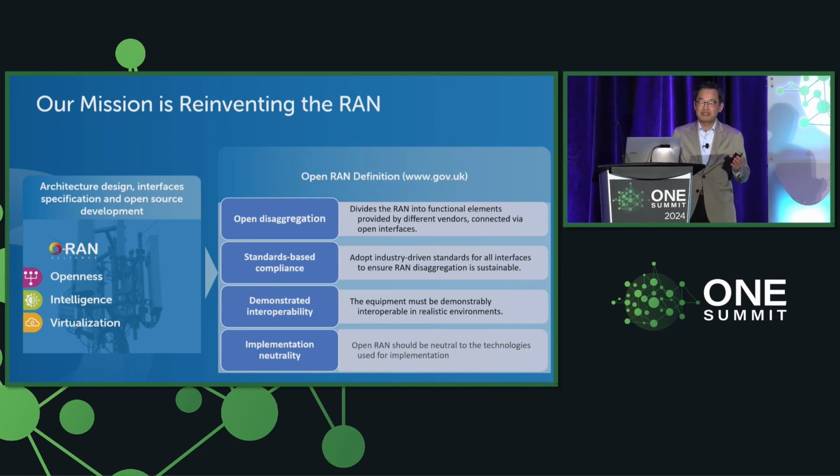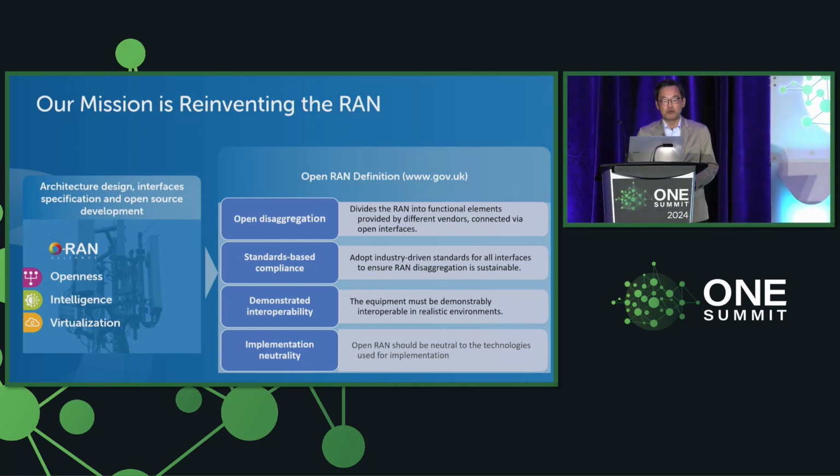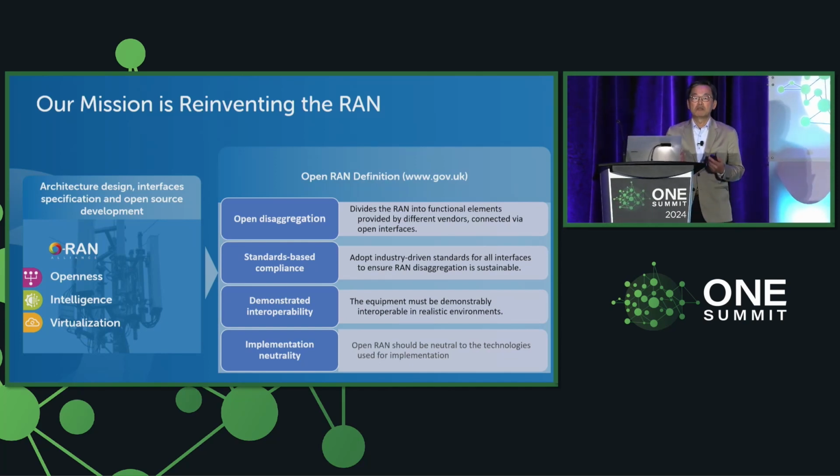I think this part is important because there are so many similar acronyms, vRAN, xRAN, Cloud RAN, you name it, it's like alphabet soup. So it's always important to better understand what exactly Open RAN means and what the key principles are.